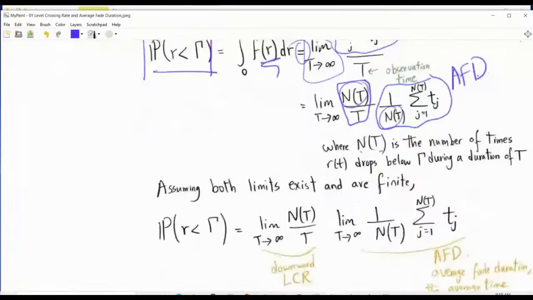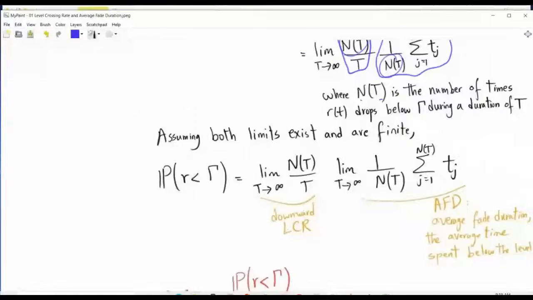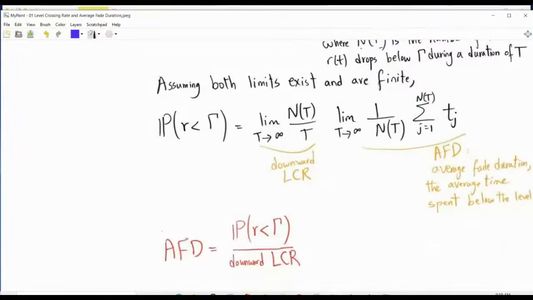So this thing will be the level crossing rate, and this thing, by definition, will be the average phase duration. And so the average phase duration is the probability, you move this to the other side, divided by the downward LCR.